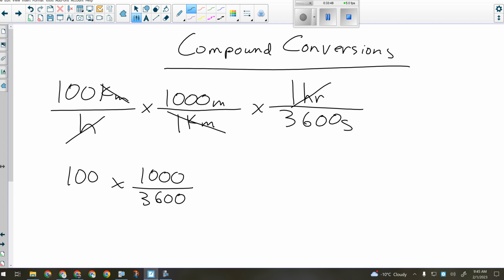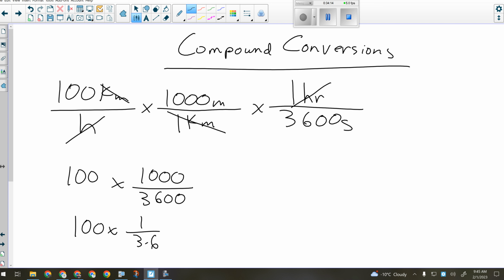Could I then just go 100 divided by 3.6? I totally could, because 100 times 1 is 100, and then divide by 3.6.